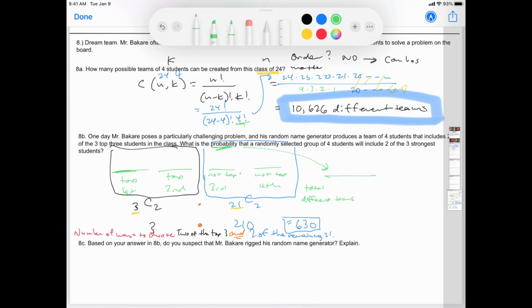And then the numerator is going to be what we just said: 2 of the top 3 and 2 of the remaining 21.